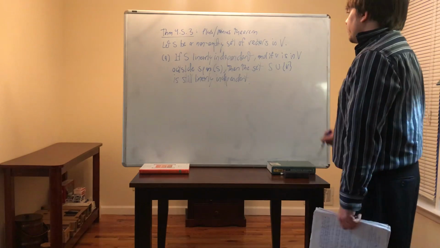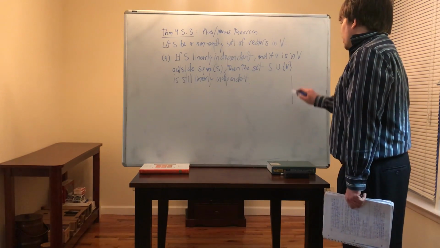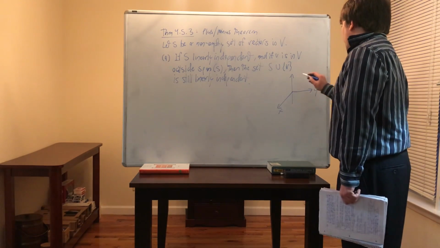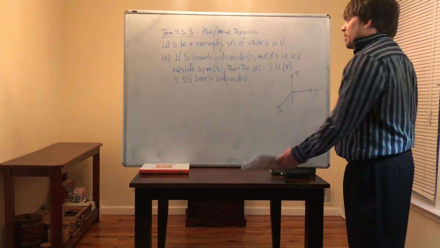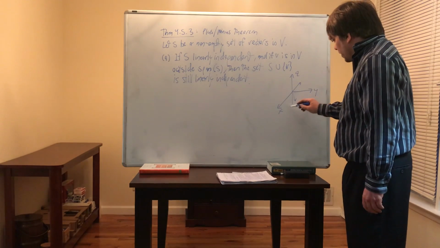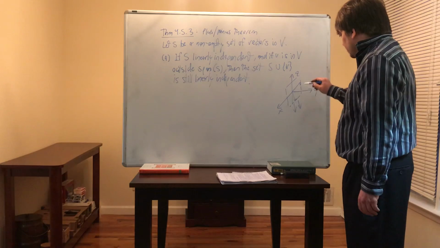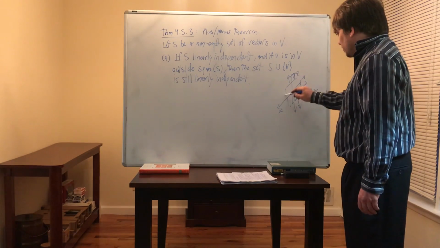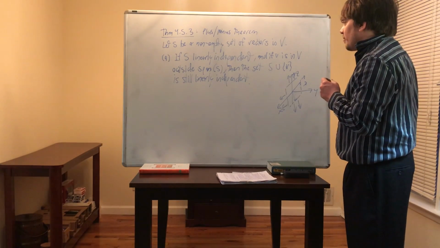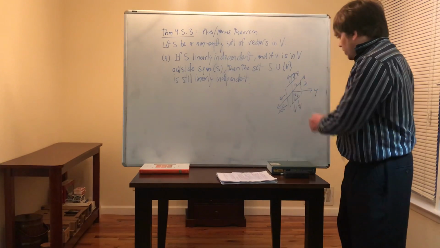Okay, so let's say, for instance, we're looking at R3. Draw a picture of this. So here's the x-axis, y-axis, and z-axis. And now if capital S is linearly independent, so if you take this vector here and this vector here, let's say we took this vector v1 here and this vector v2 here.